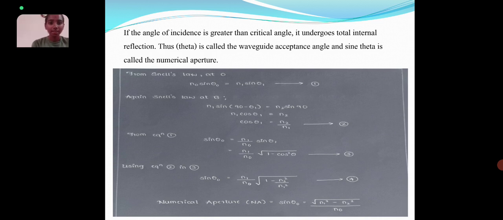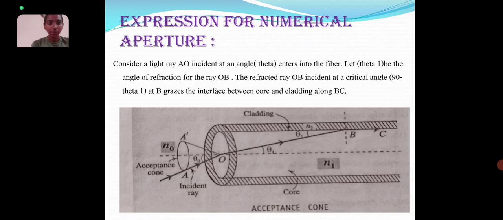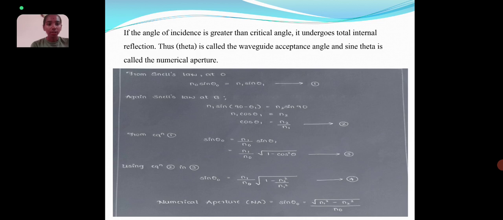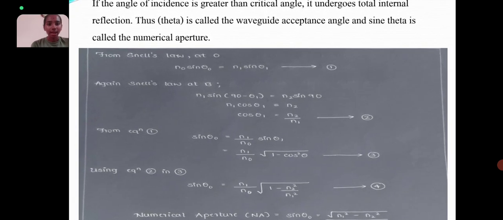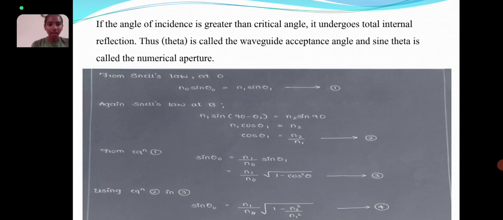Again applying Snell's law at point B, the equation becomes n1 sine (90 minus theta 1) is equal to n2 sine 90 degrees.